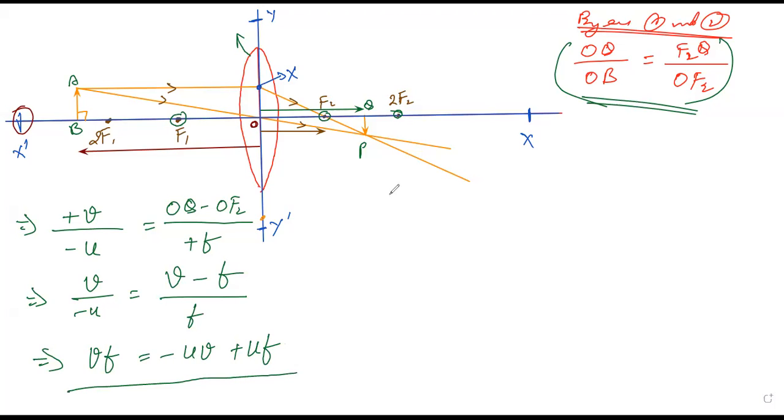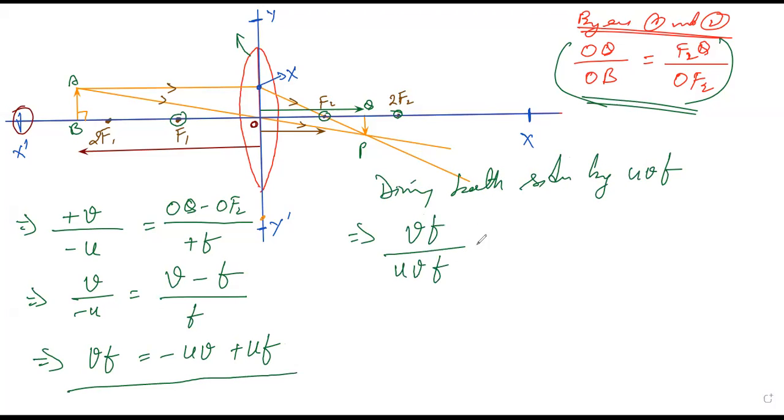Now divide both sides by UVF. So VF by UVF equals minus UV by UVF plus UF by UVF. Now cancel whatever can be cancelled.